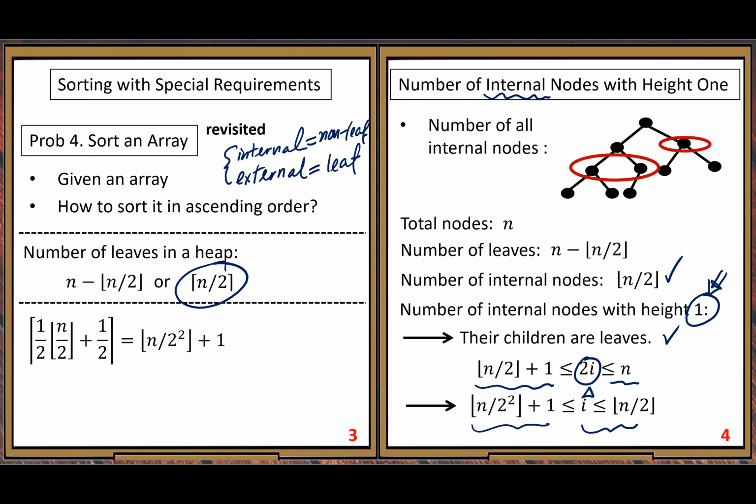In this equality, the left-hand side should be the expression we use from the first inequality after division by 2. But I do a simplification. This is the simplification I did.